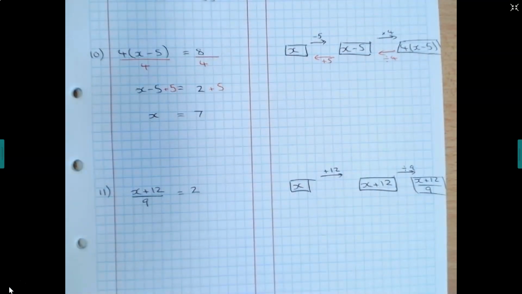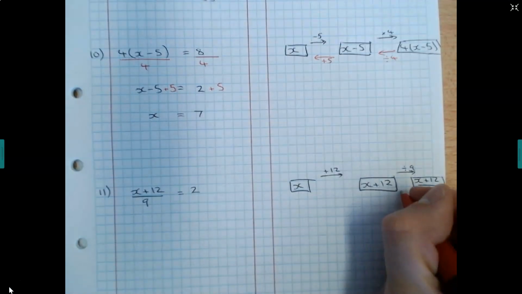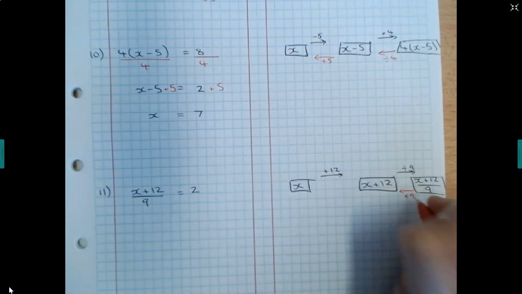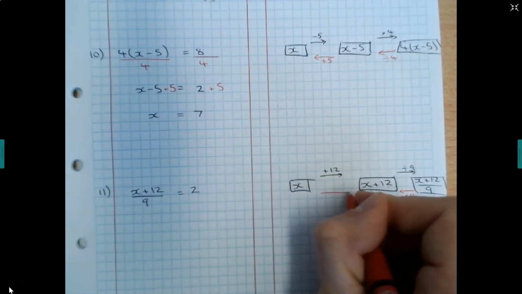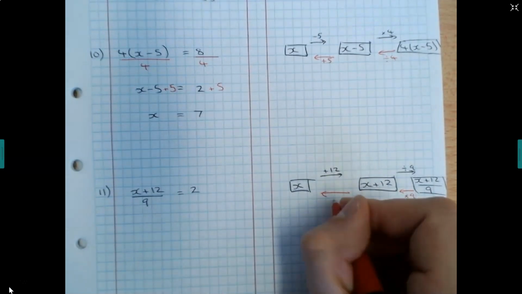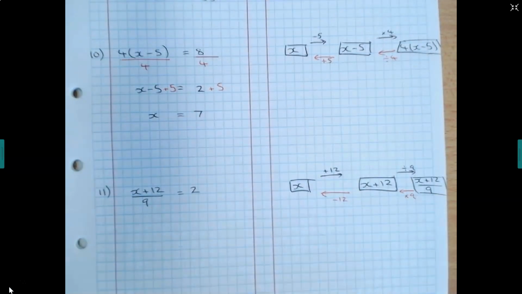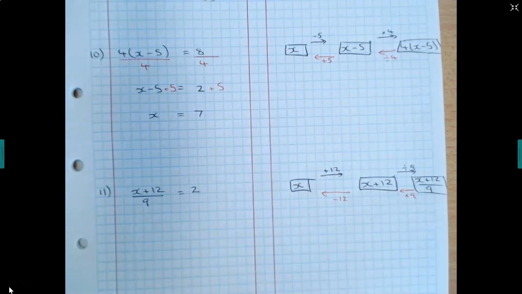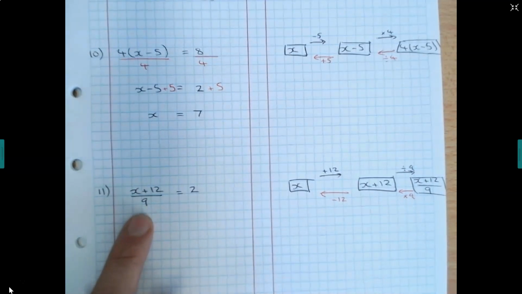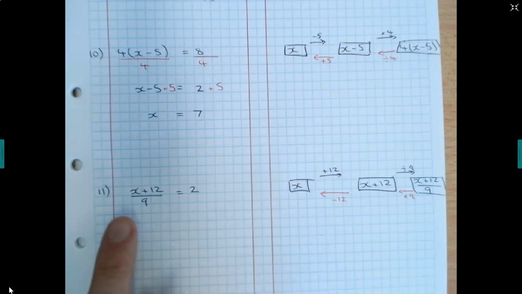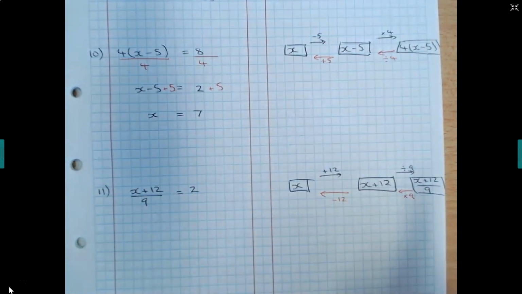And now with the backtracking, let's go back the other way. I'm going to multiply by 9. And the opposite, or the inverse process, I'm going to subtract 12. So let's use that now. The first thing that I'm going to do to this side of the equation is multiply by 9. Always this one first.